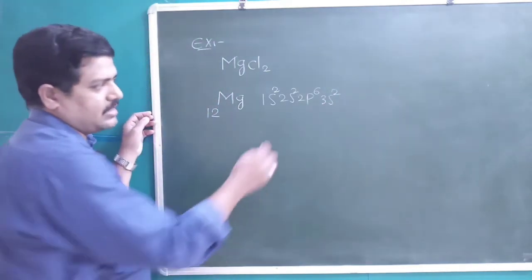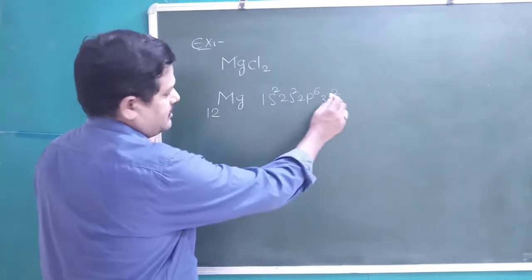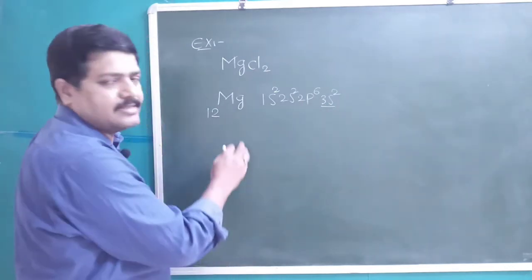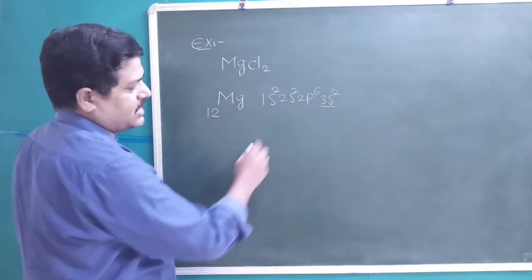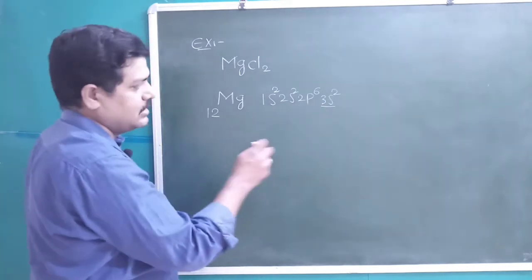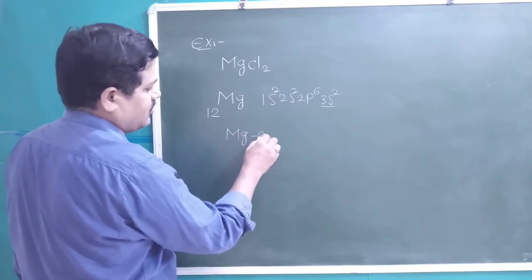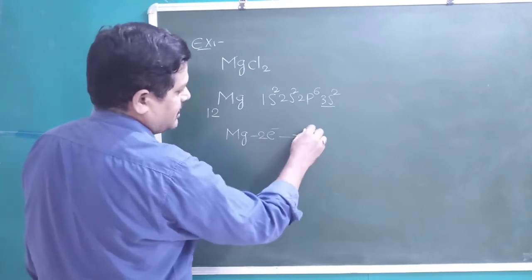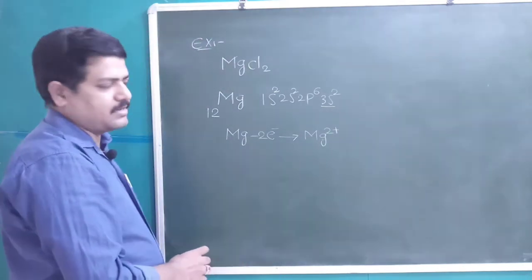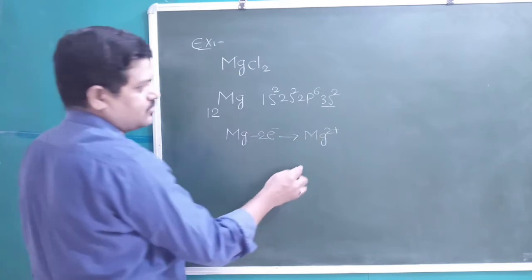Outermost shell is the third shell, it has 2 electrons. To get an octet, it will lose 2 electrons. Metals are the atoms of the elements which can easily lose electrons and form electropositive ions. Mg by loss of 2 electrons will give Mg2+.